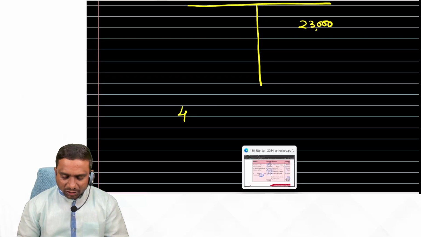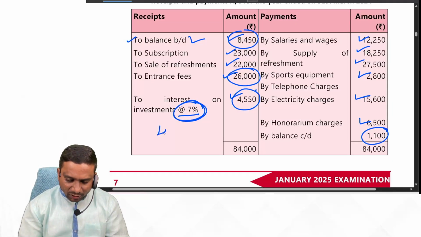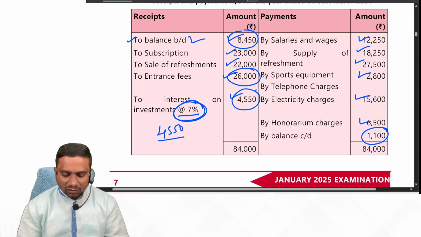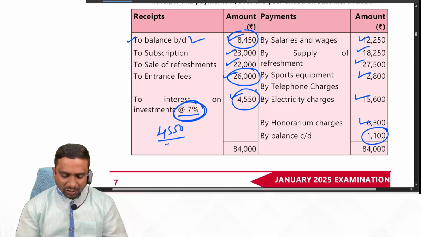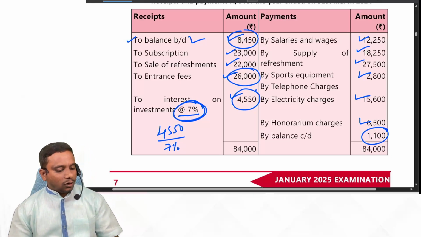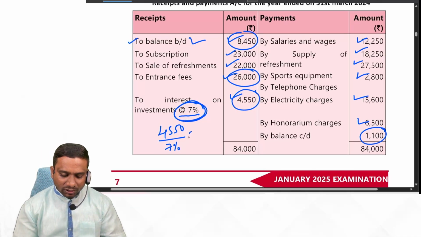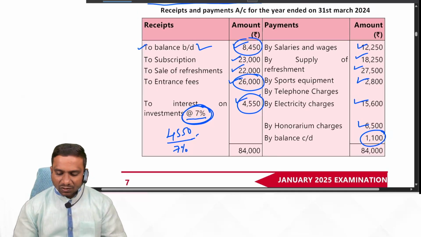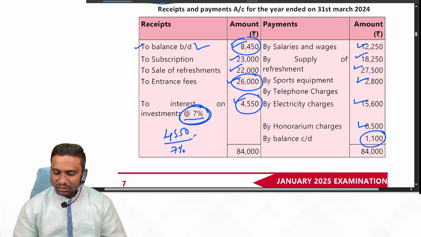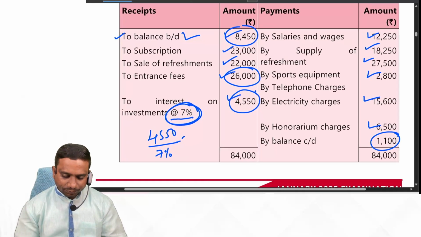What is the interest amount? 4,550. So here itself we can calculate: the interest received divided by 7%. Automatically you get the investment value. So the investment value is 65,000. Hope you understood.